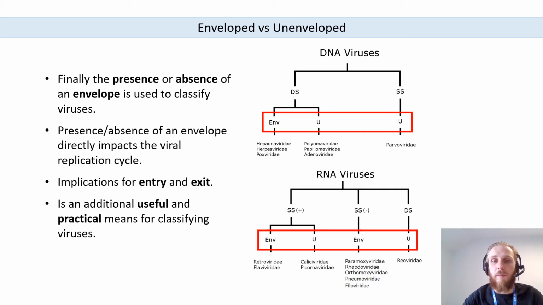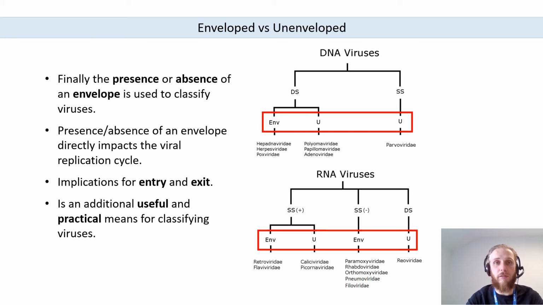Okay, so as we've said, enveloped or unenveloped, this is true for DNA viruses and RNA viruses. So RNA or DNA viruses can be enveloped or unenveloped. Again, it's really useful for us to use this type of classification because it impacts how viruses enter into the cell, so it impacts how they replicate, and in turn this determines how we can intervene therapeutically.